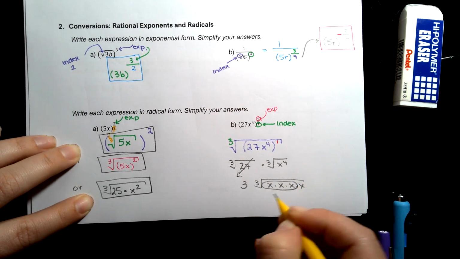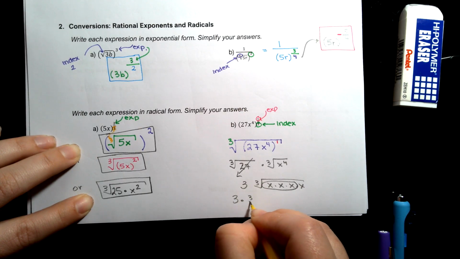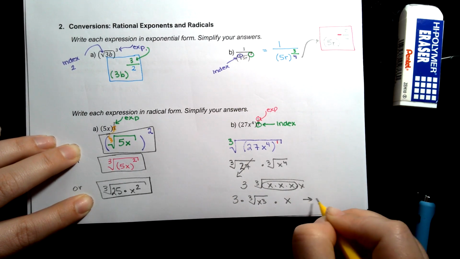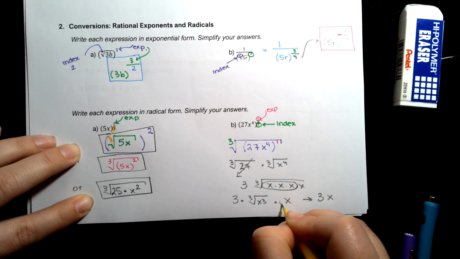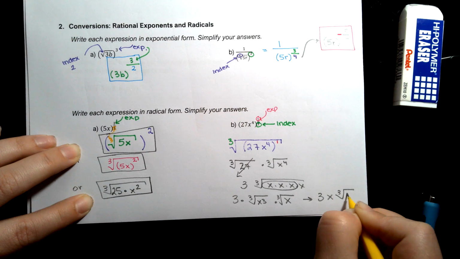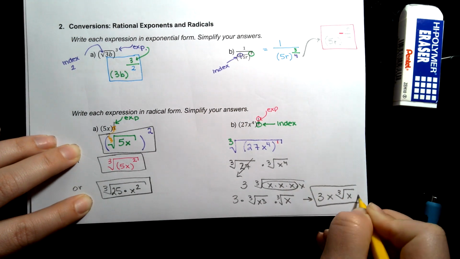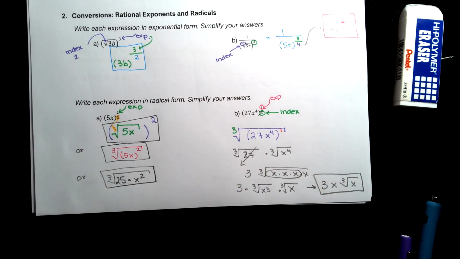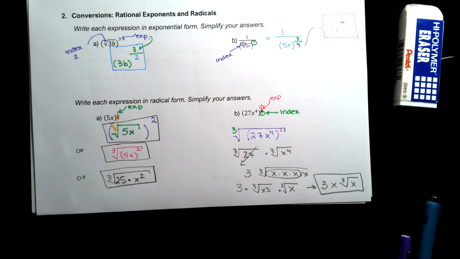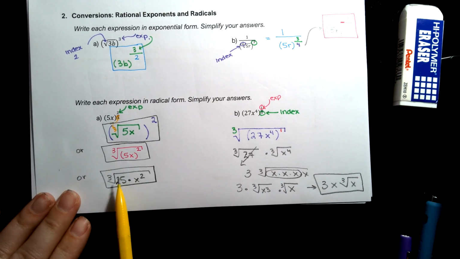I can do a group of x's, 3 x's, which then gives me an answer of 3x times the cube root of x. Don't forget to simplify. The reason we did not break this apart is because I cannot take the cube root of 25 here.